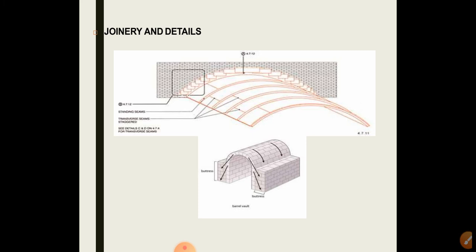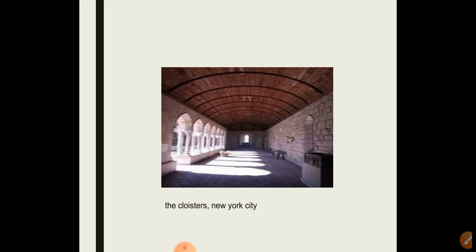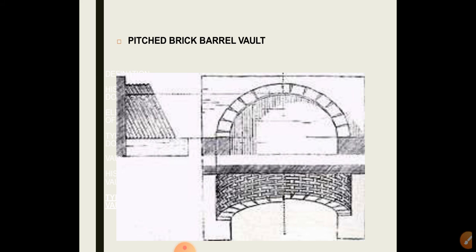Here the buttressing is shown, that is to take the support loads or the loading reactions that come from the vaults. These are used in churches, crypts, hallways, kiosks and many more. These are some of the examples. Normally, this type of architecture you can see in the western side rather than on our Indian side.